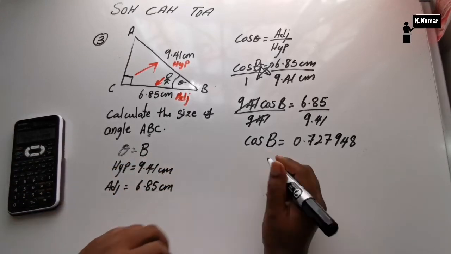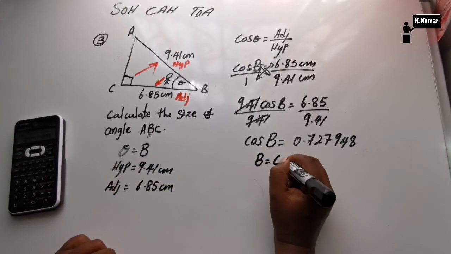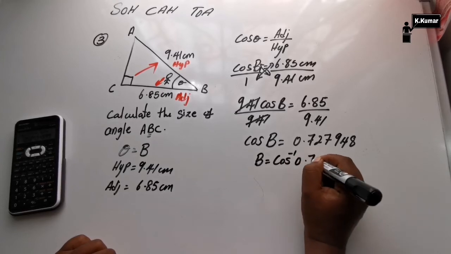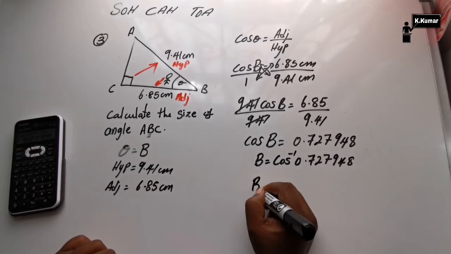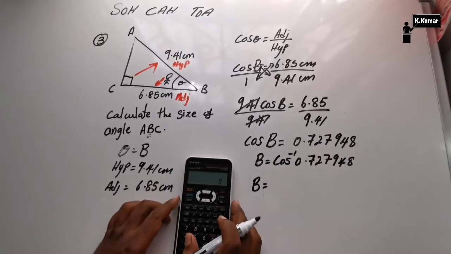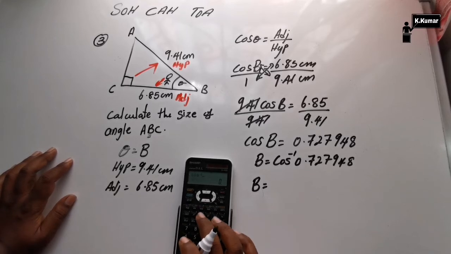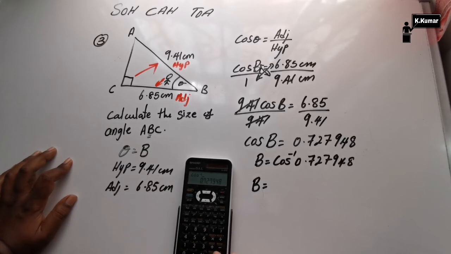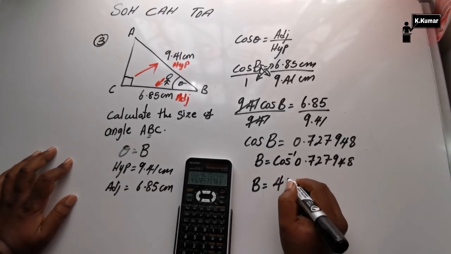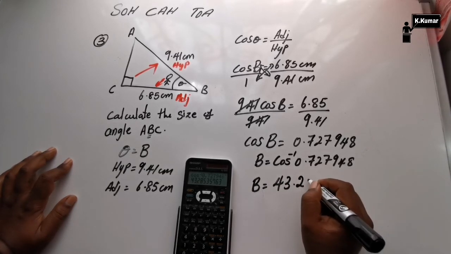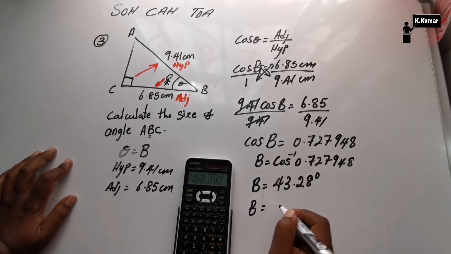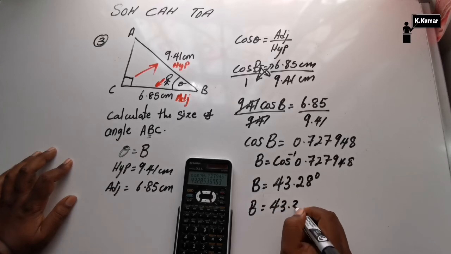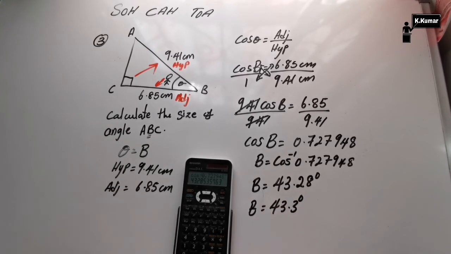We want the value of b, so b is equals to cos inverse of 0.727948. b is equals to, we use the calculator, second function or shift, cos 0.727948, and that's going to give me 43.28 degrees. Rounding it off to one decimal place, we would have 43.3 degrees.